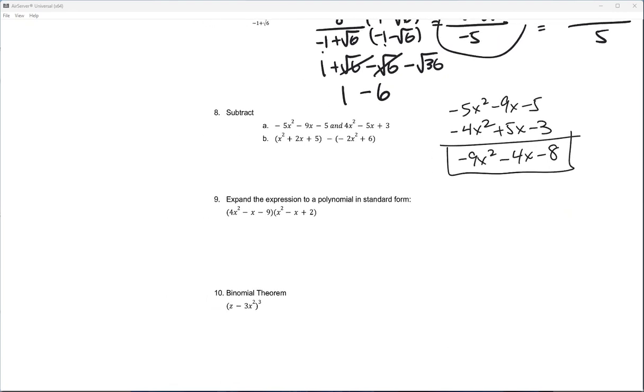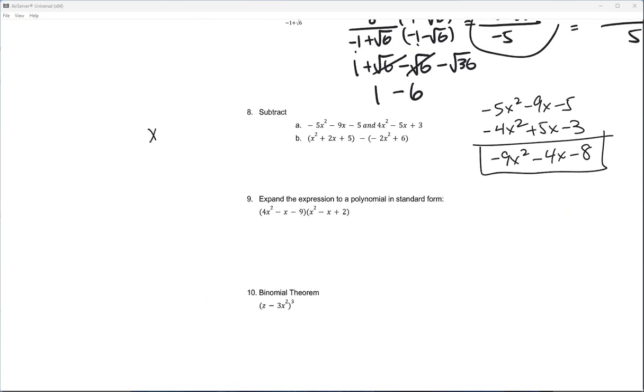Letter B is x squared plus 2x plus 5 plus 2x squared minus 6. I'm distributing the negative. This becomes 3x squared plus 2x minus 1.